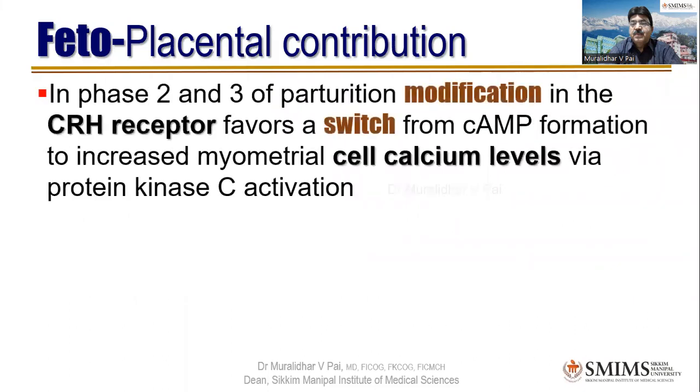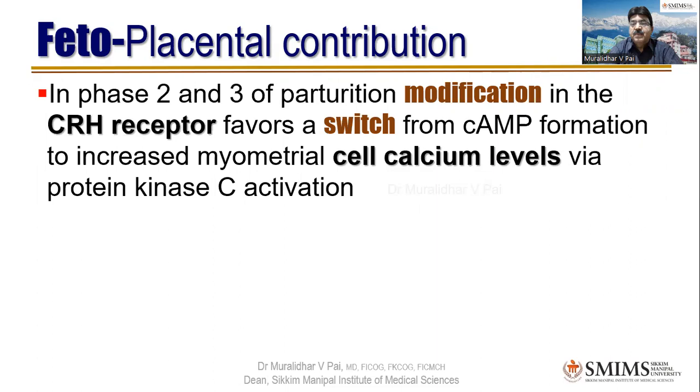In phase 2 and 3, I'm talking about phases of parturition, the modification in the CRH receptor favors a switch from cyclical AMP formation to increased myometrial cell calcium levels via protein kinase C activation. So phase 1 is quiescent phase or quiescence, where progesterone is the leading hormone and it makes sure that the uterus is relaxed.